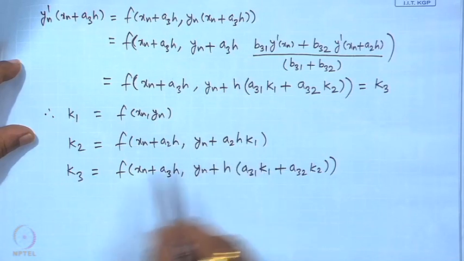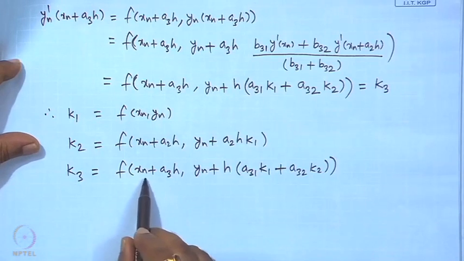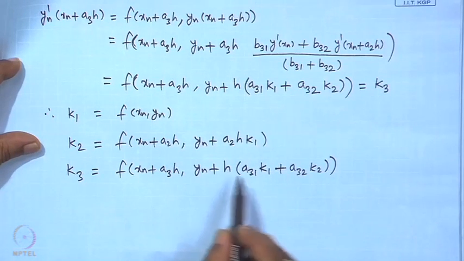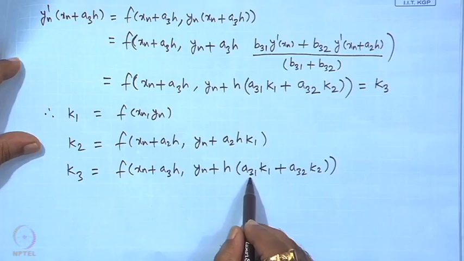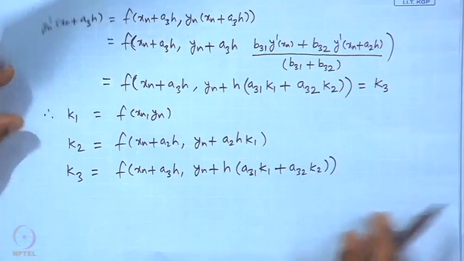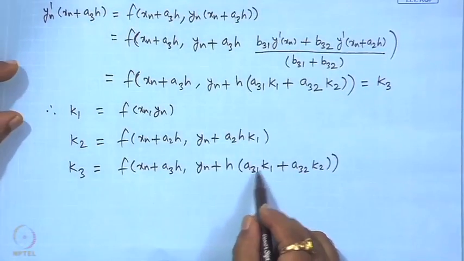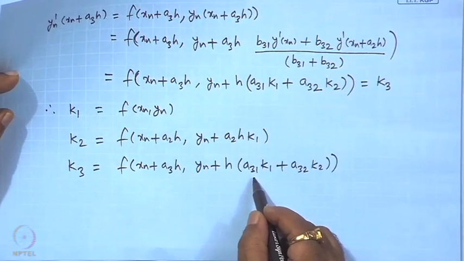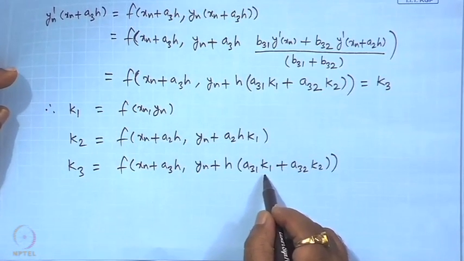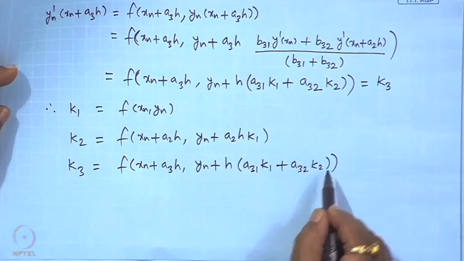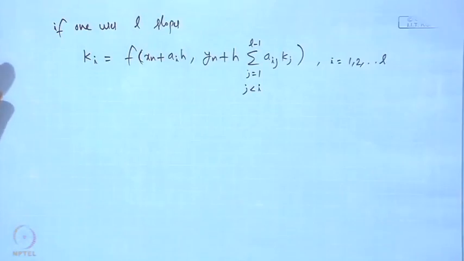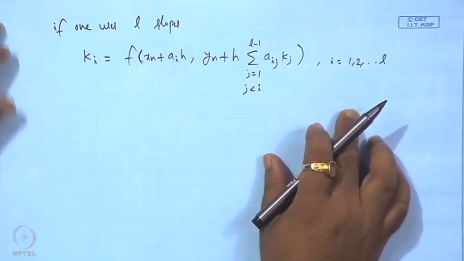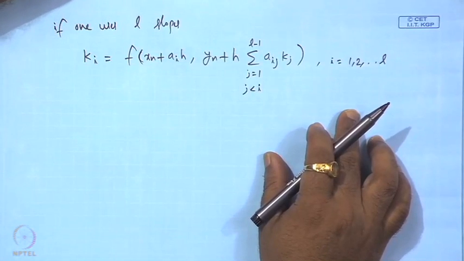So, A 2 K 1, K 3 is x n plus A 3 h, then h comes out, then A 3 1 K 1 plus A 3 2 K 2. So, the generalization is A 4 1 K 1, A 4 2 K 2, A 4 3 K 3, like that for K 4. So, this is the generalization. Okay. Right.